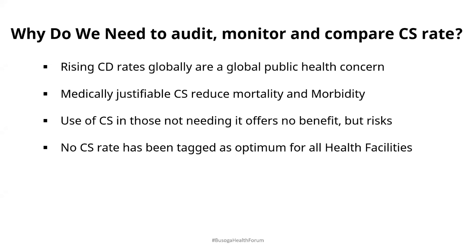Some have even gone ahead to have their individual guidelines. The obstetric population served by the different health facilities is very different. A regional referral hospital will not serve the same obstetric population as a health center. So, I mean, that's why we can't say maybe 15% is the optimum for all facilities.